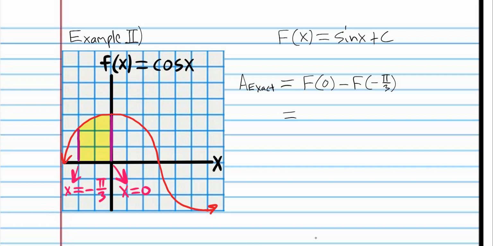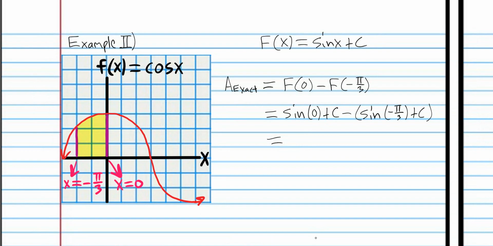So I'm going to plug in 0 to our antiderivative function. And I'm going to subtract the antiderivative function with negative 1/3 plugged in. And we just have to calculate and we'll have our answer. So sine 0 is actually 0. Now this is where you need to go to your knowledge of trigonometric functions and whatnot.